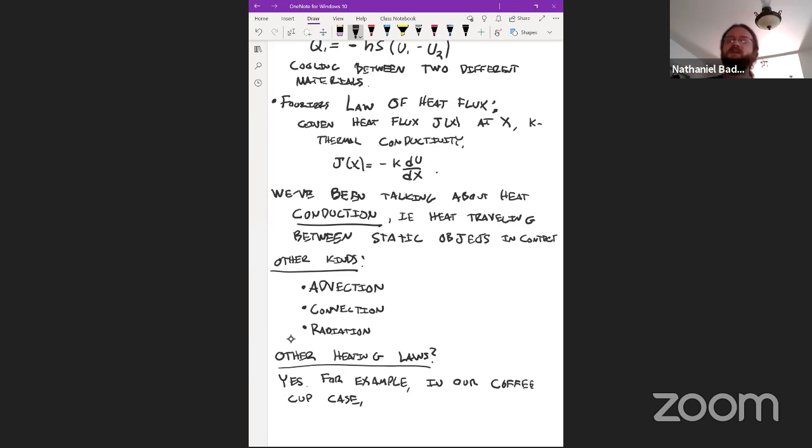Well, that's only true if there's a breeze moving the newly warmed air away from our coffee cup, or any of the air that's directly in contact with it. As soon as it heats up and takes a little bit of heat away, we have to have a breeze or something moving it off. That's of course not going to be true in general. In the coffee cup case, the cup may slightly warm.